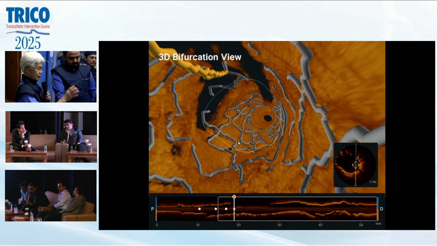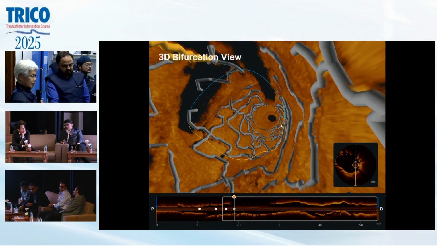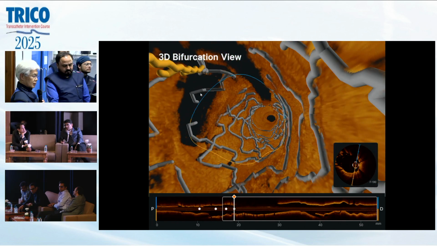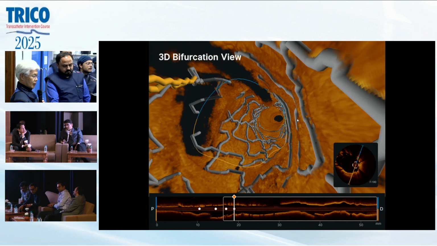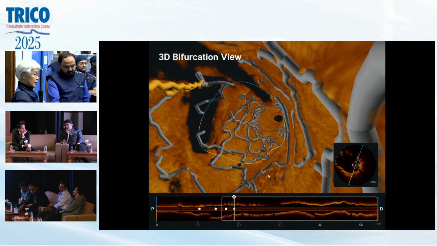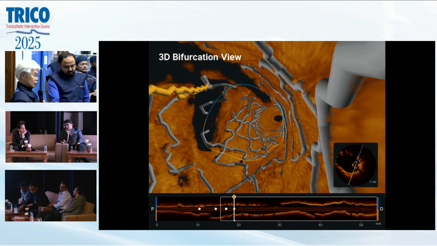This is the fly-through image, right? And 11 o'clock is the bifurcation? Yes. So the ostium does not seem to have plaque shift here. There's no plaque.